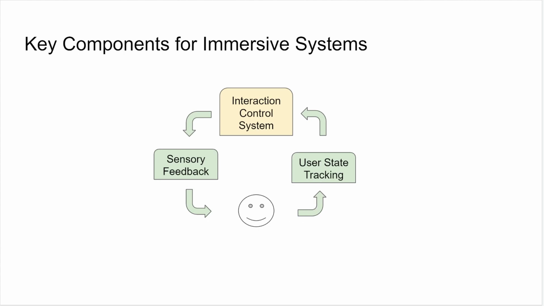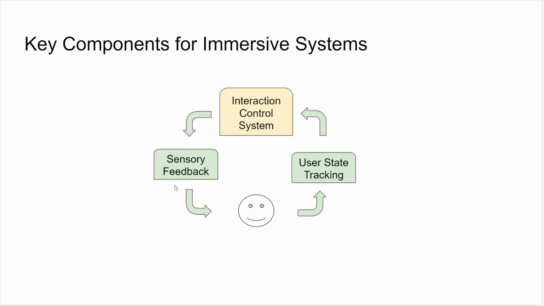So that would be dealt with by the head tracking and then the hand tracking. But it also applies to restaurants as well. So instead of technical things, the user state tracking for a restaurant could also be the staff, the waiter, the maitre d', and that kind of thing. So anyway, let's take the user's state and then feed that information to some kind of interaction control system where we decide what to do with that information.